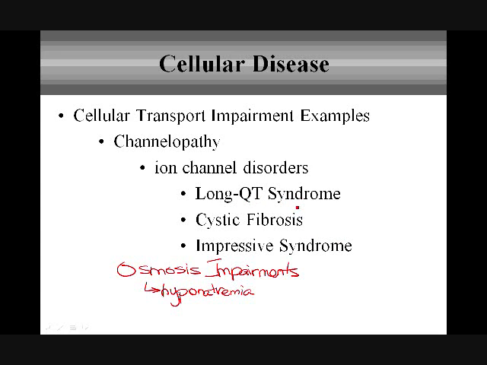Long QT syndrome is actually about potassium ion channel impairment. There's an abnormal potassium ion channel in the heart and inner ears, and because of that particular ion channel impairment, it's often linked to heart arrhythmias and hearing impairments due to the locations of those particular channels, the specific cells that those channels are being targeted in.